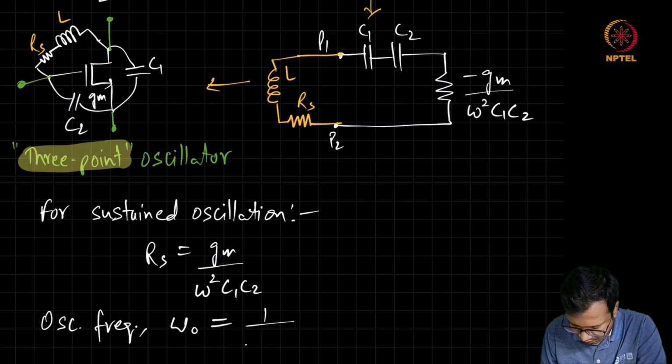It is going to be square root of L C1 C2 by C1 plus C2.